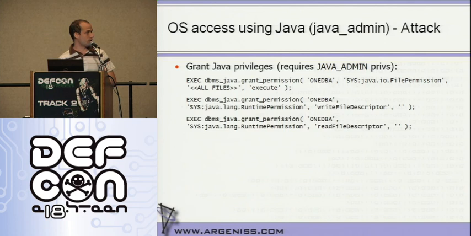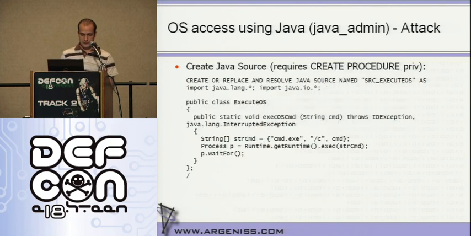So let's first see an example of using the Java admin role, so we can use these statements to grant the necessary Java privileges. With these statements, here I grant the necessary permissions to the DBA user. After that, I create a Java source that will take one argument, that is the command that we want to execute.